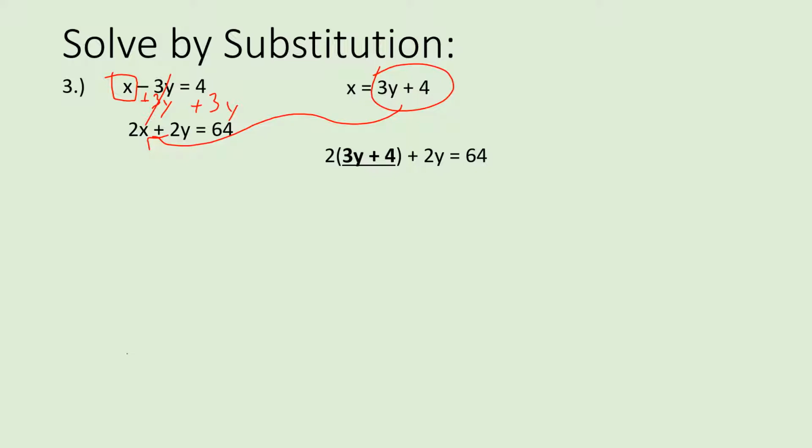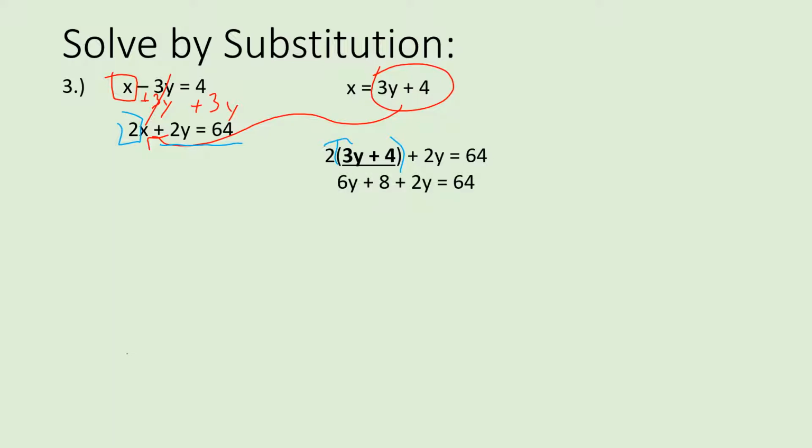Anytime we plug in a quantity like 3y plus 4, it's a good idea to put parentheses around it because this also has this coefficient out front, 2 times the x. So we're doing 2 times that whole quantity of 3y plus 4. All the rest of the equation stays the same, plus 2y equals 64.